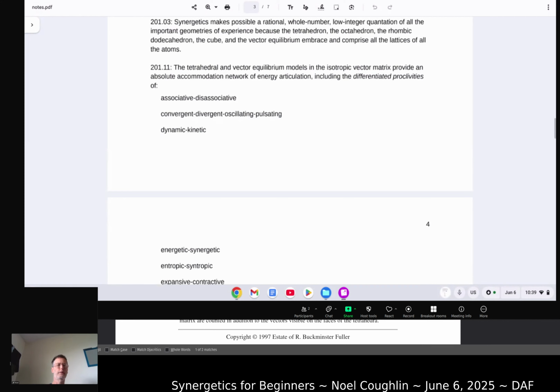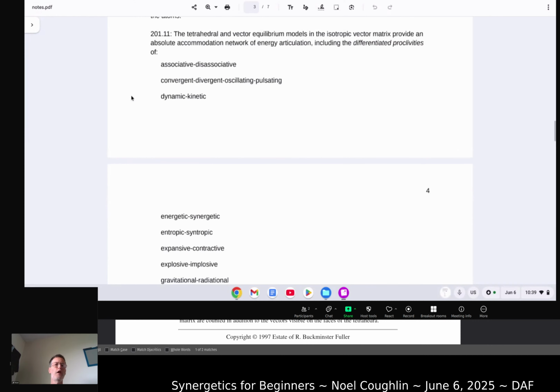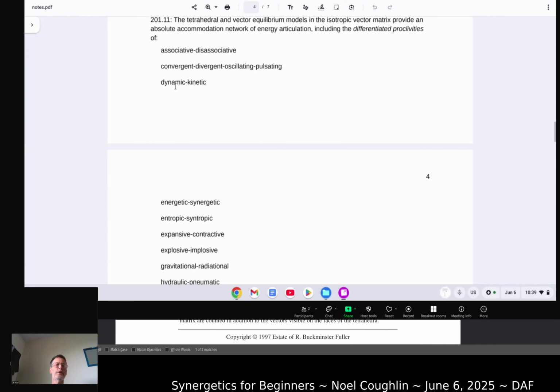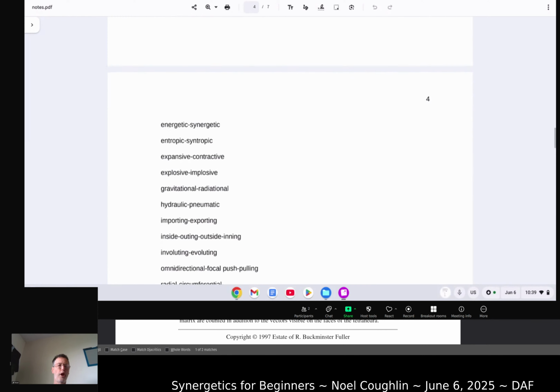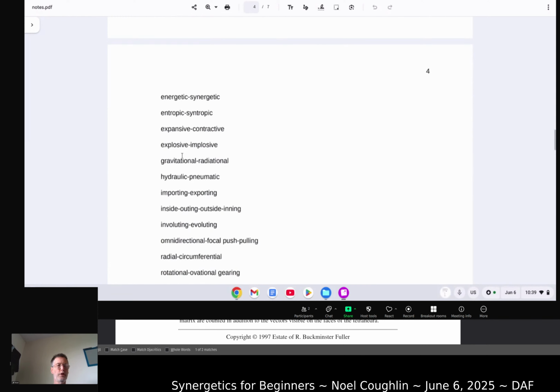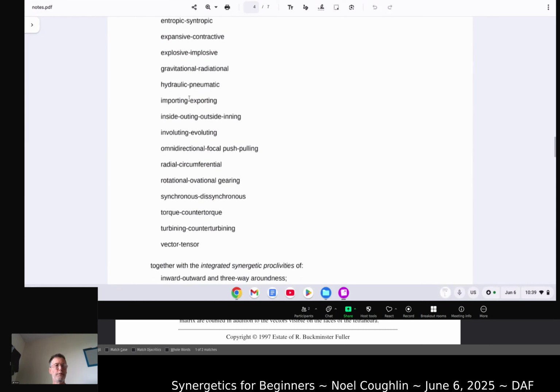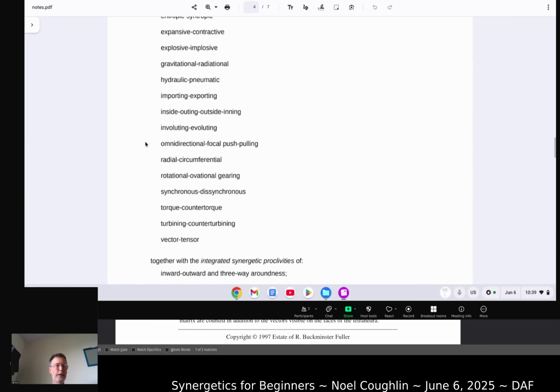The grand... The tetrahedral and vector equilibrium models in the isotropic vector matrix provide an absolute accommodation network of energy articulation, including the differentiated proclivities of all these different behaviors in universe: your dynamic kinetic, your energetic synergetic, entropic and syntropic, gravitational and radiational, involuting and evoluting, etc.